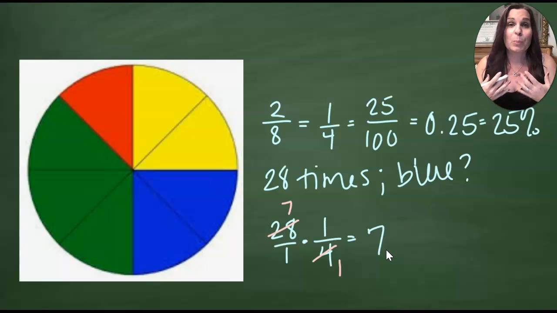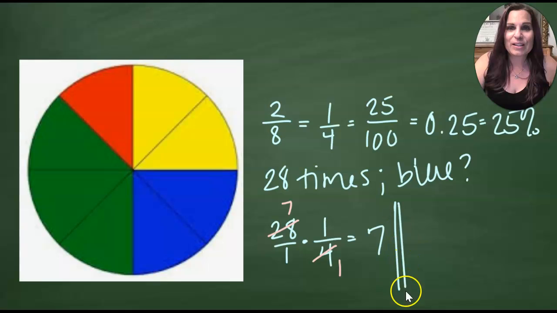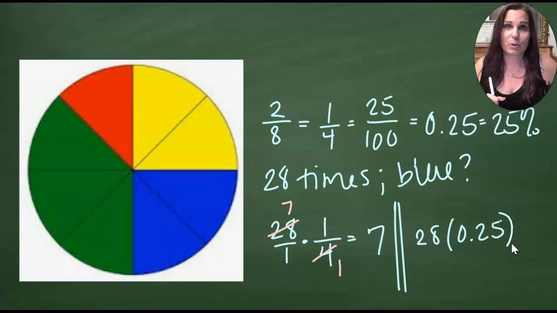That's making a prediction. Is it definitely every time you do it 28 times going to land on blue 7 times? No. But the more trials you do, the closer that probability of it landing on blue is going to get to 0.25 or 1/4. You could also do this if fractions aren't your thing and you'd rather use decimals, then you can also do this by doing 28 times the decimal of the theoretical probability, right?